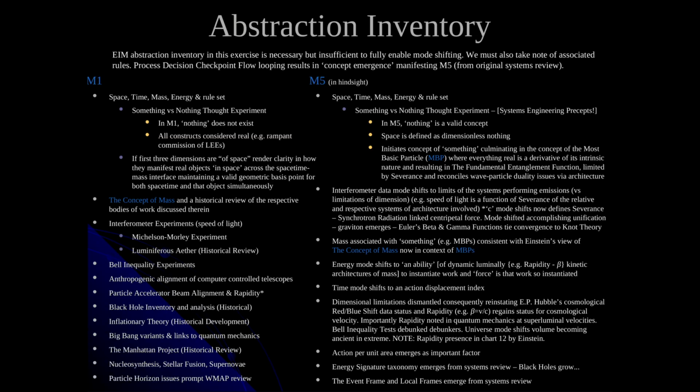When we get into our abstraction inventory, in order to enable mode shifting, there's one key takeaway that's not superficially obvious in all of this. Historically and maybe traditionally, we approach science and we think, oh, well, if we just tweak this one little thing, maybe all the puzzle pieces will fit together and we'll finally have all the answers.